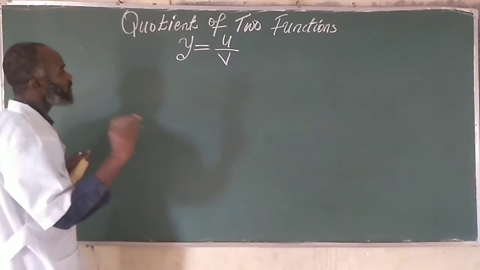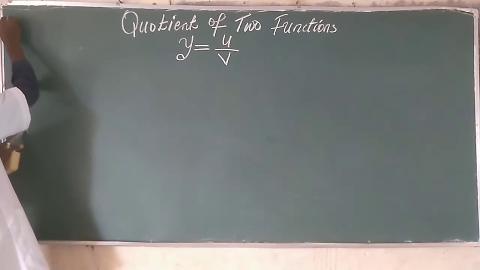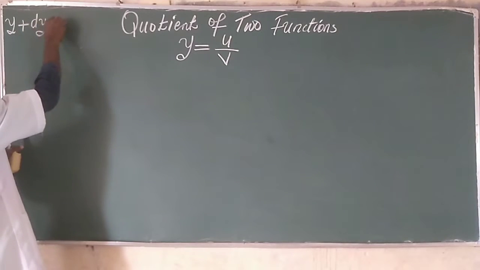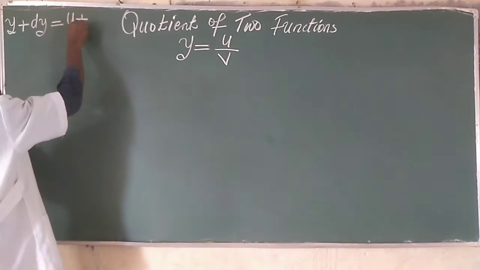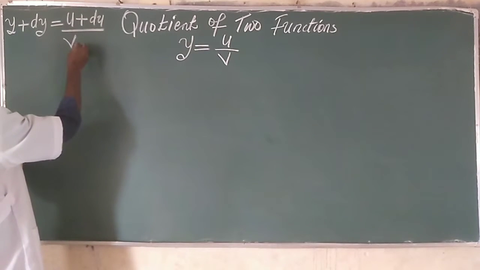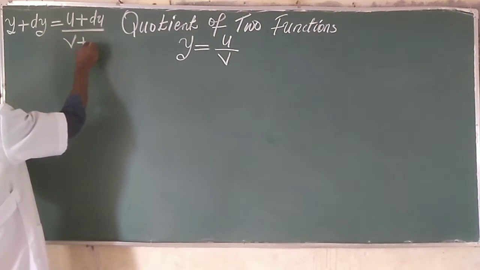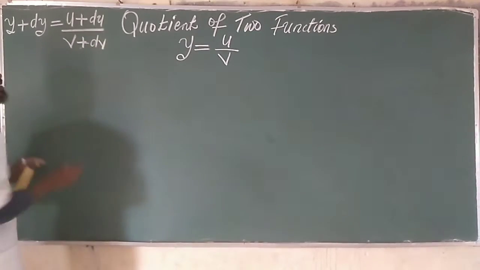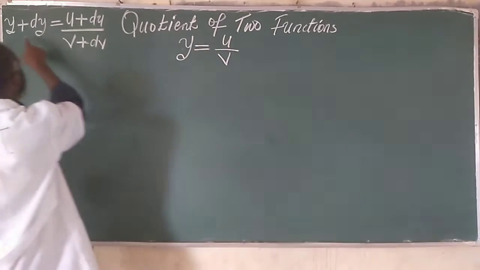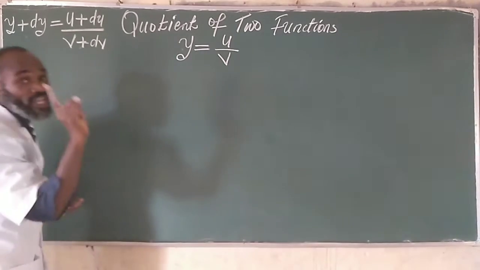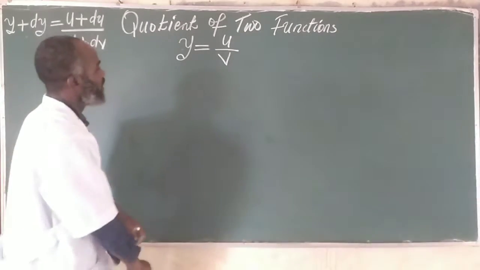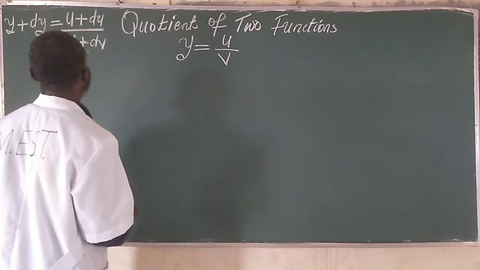So if we begin with y plus dy, it is equal to u plus du over v plus dv. Can you see there is a change in y here, leading to corresponding changes in u and v respectively? Okay, so with that we begin again.